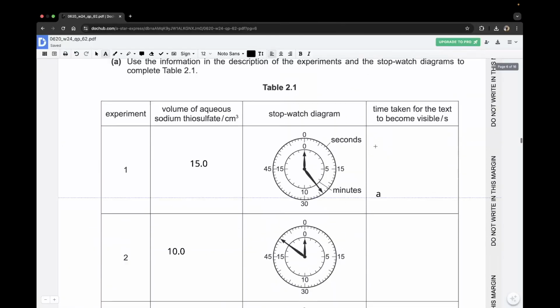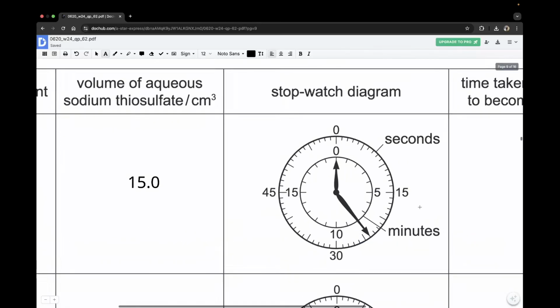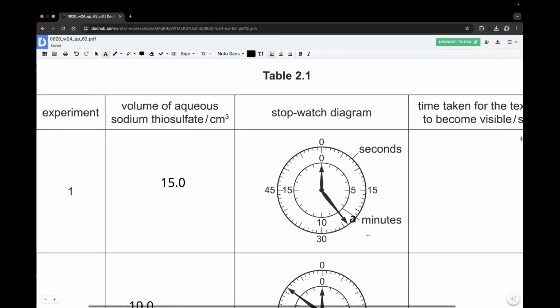And the times as well. Now inside is minutes, outside is seconds, and if we see here 15, this would be 20. And looking at the number of intervals here, it would be about 21, 22, 23, 24 here.